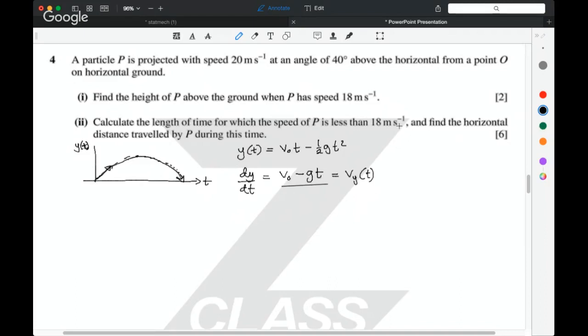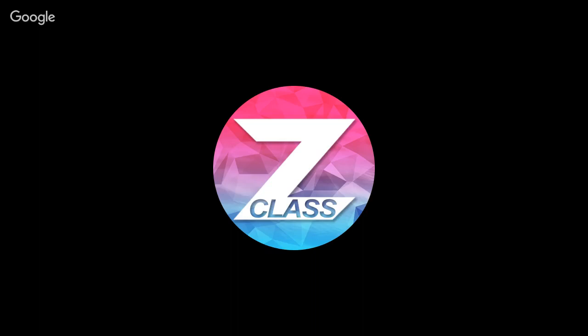And that is the gradient. They're looking for the height when the velocity is, say, 18. So there's some height here, h, where the gradient dy dt is equal to 18 meters per second.